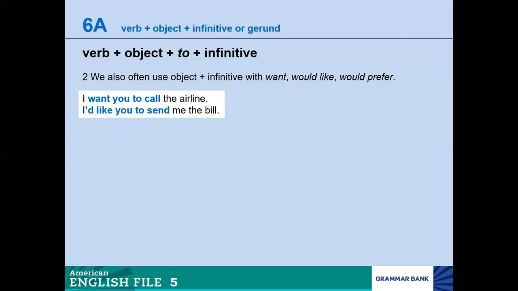I would like you to send me the bill. Okay? Want you to call, have the object there. Would like you to send. After these verbs, a that clause is impossible. Example: I hate that you think. It sounds sort of weird, right?